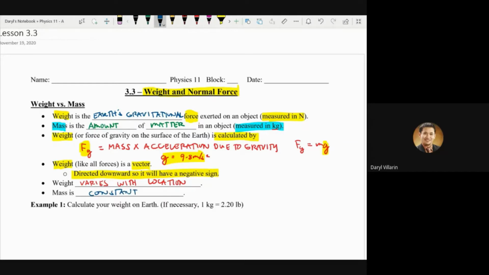Constant means that wherever you are, your mass is the same.